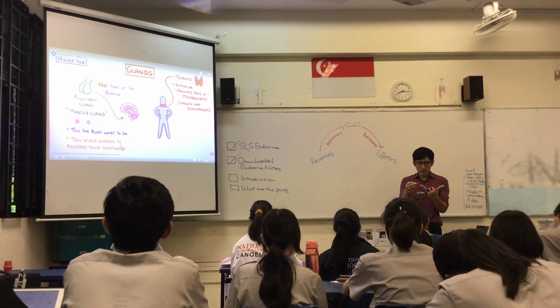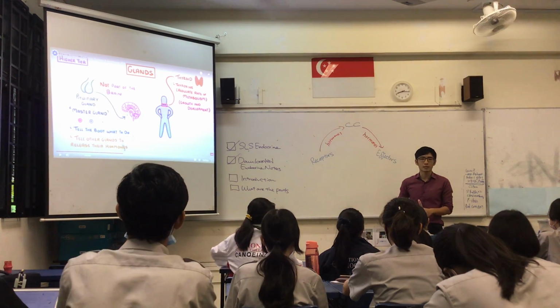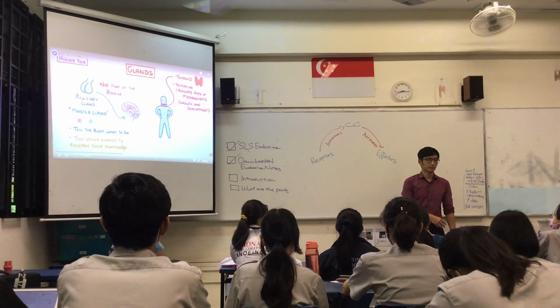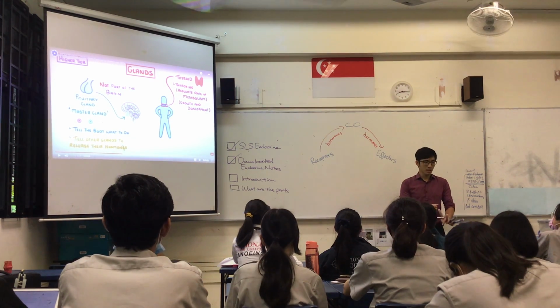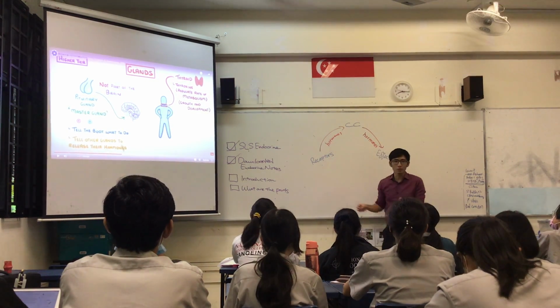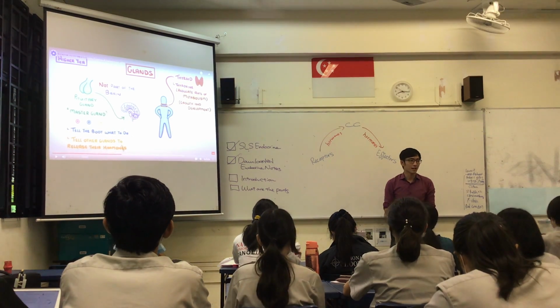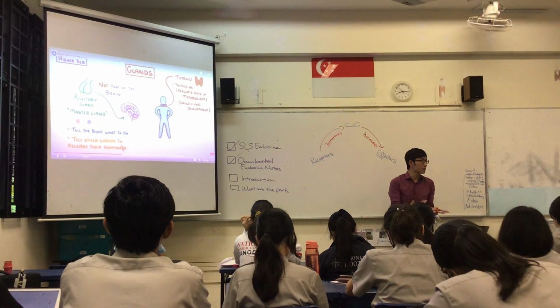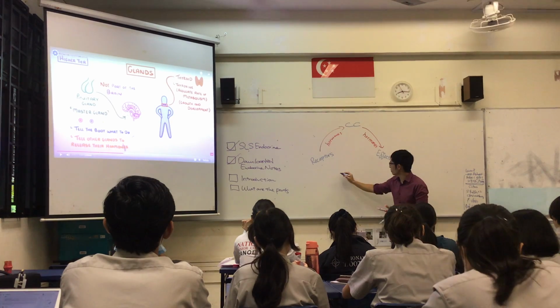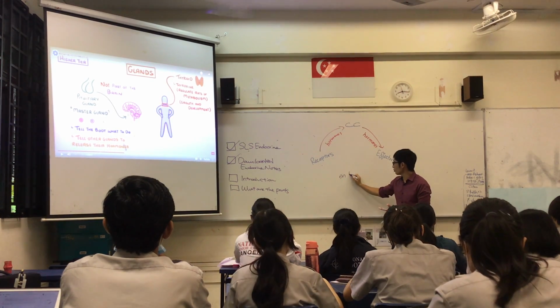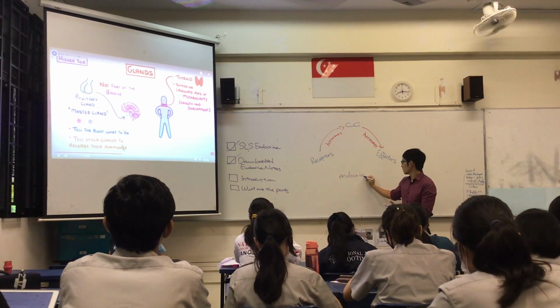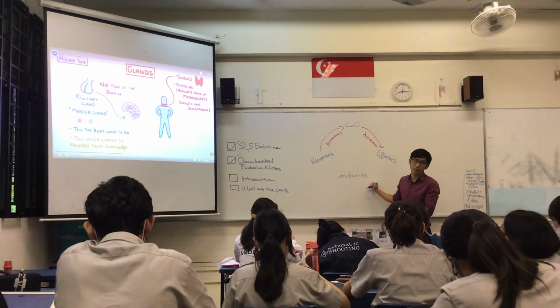Okay. Anything else that is required in the endocrine system? Glands. Hormones don't spawn out of nothing. They are actually secreted by organs in the body. And they are secreted by glands called endocrine glands, which gives rise to the name of the system.